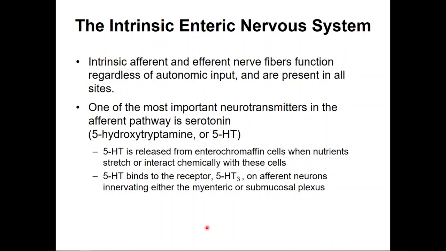I want to clarify, this is usually a point of confusion: 5-HT is actually serotonin, whereas 5-HT3 is considered one of the serotonin receptors. There are several different serotonin receptors, and one of them is 5-HT3. If I just say 5-HT, that means actual serotonin.